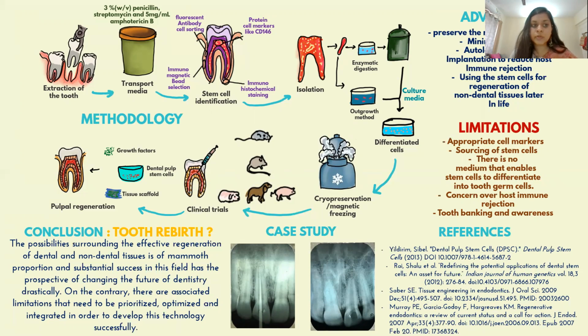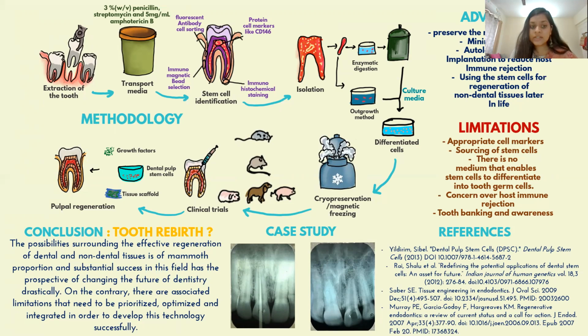Now, this is stored in a transport media with penicillin, streptomycin, and 5 mg per ml amphotericin B. Now, there are various methods of stem cell identification, and the appropriate method could be used. Different researchers use different methods. There are methods like fluorescent antibody cell sorting, protein cell markers like CD146 can be used, immunomagnetic bead selection can be done, or immunohistological staining can be done.